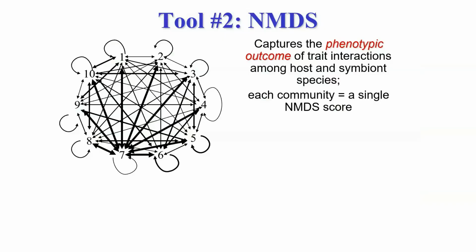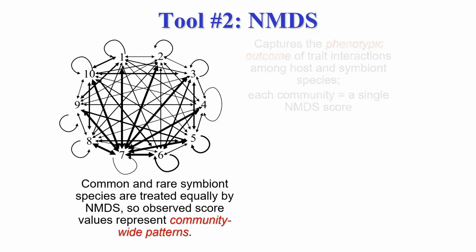A second tool is a multivariate statistical approach known as non-metric multidimensional scaling, or NMDS. NMDS, when used to study community organization, captures the phenotypic outcome of trait interactions among host and symbiont species, in which each community represents a single NMDS score.